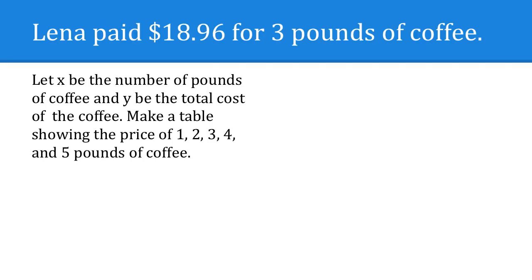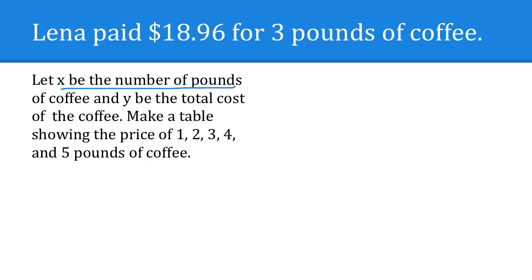Sometimes I'm given just written information, and from that I have to create the graph based on a table of values. So it says Lena paid $18.96 for 3 pounds of coffee. And then it says, let X be the number of pounds of coffee and Y be the total cost of the coffee. We're going to make a table showing the price of 1, 2, 3, 4, and 5 pounds of coffee. So that's a lot of information. Let's break that down.